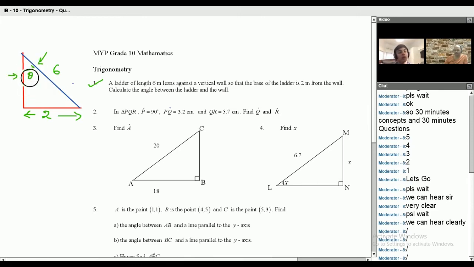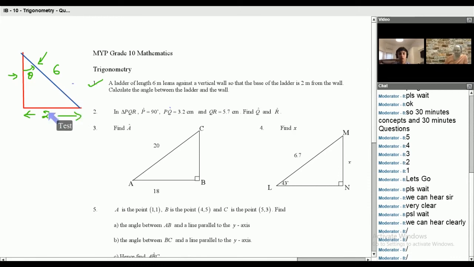So now can you tell me? It will be opposite upon. If this has to be theta, this is going to be the angle. So opposite is this one, because this side is opposite to that angle.